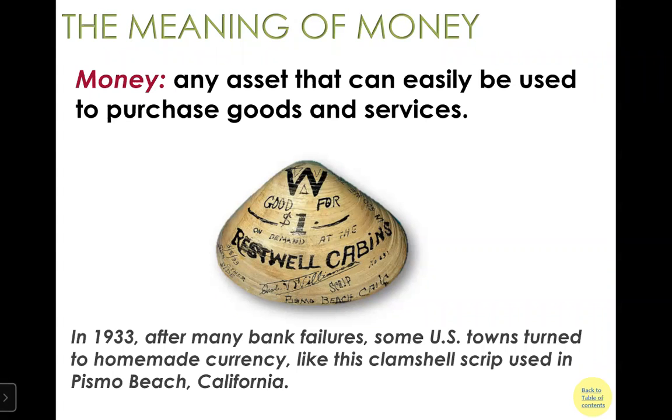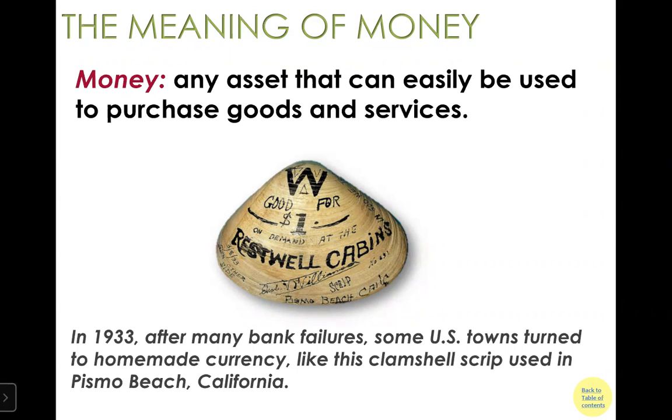Secondly, it must be easy to use, meaning everybody will accept it. And third, we can use it to purchase goods and services. So holding money does not necessarily mean money itself has any value to us. We hold money because we need it as a tool or a medium, so we can use it to purchase goods and services.